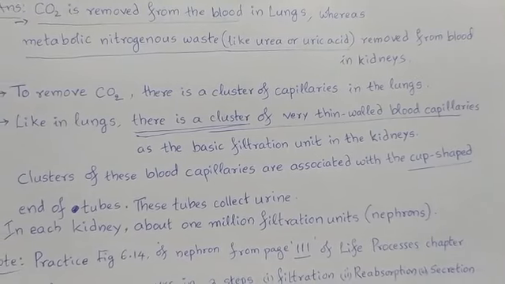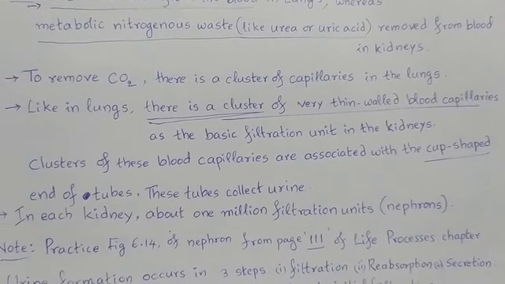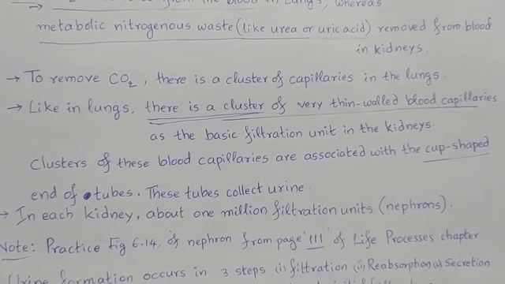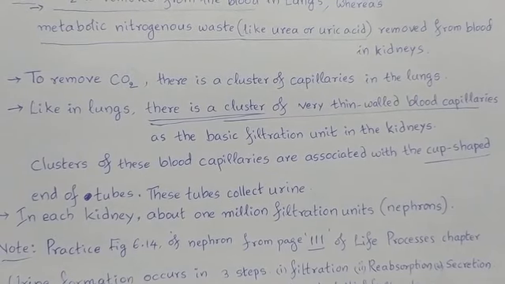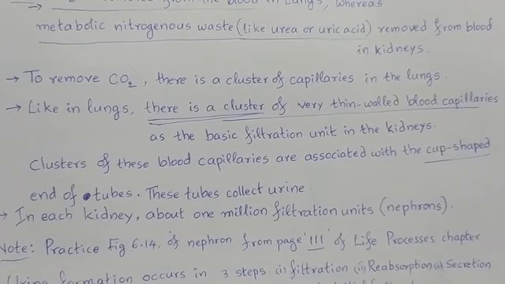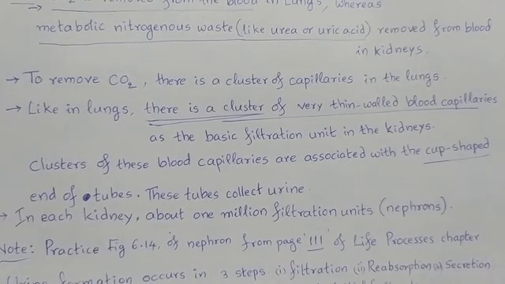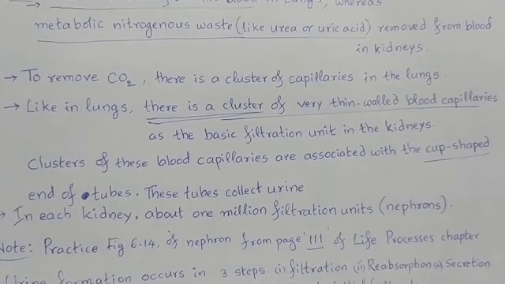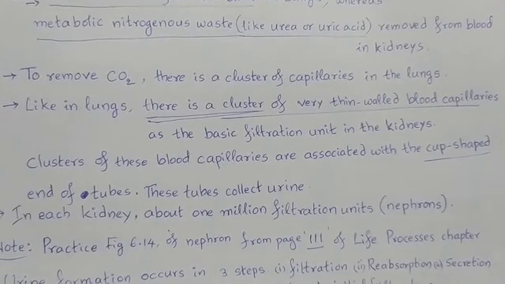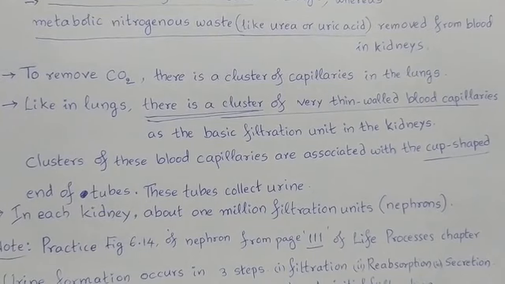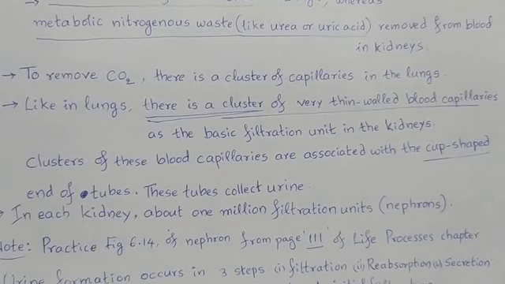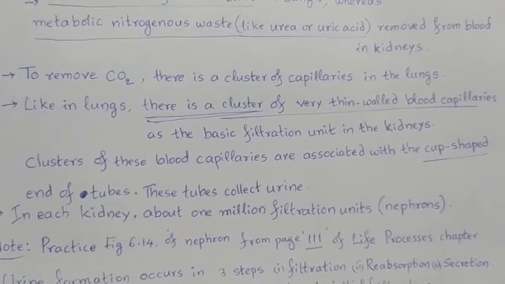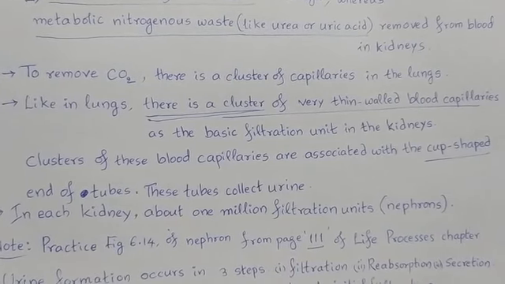These tubes collect urine. In each kidney, about 1 million such filtration units are present. These filtration units are called nephrons, the functional unit of the kidney.